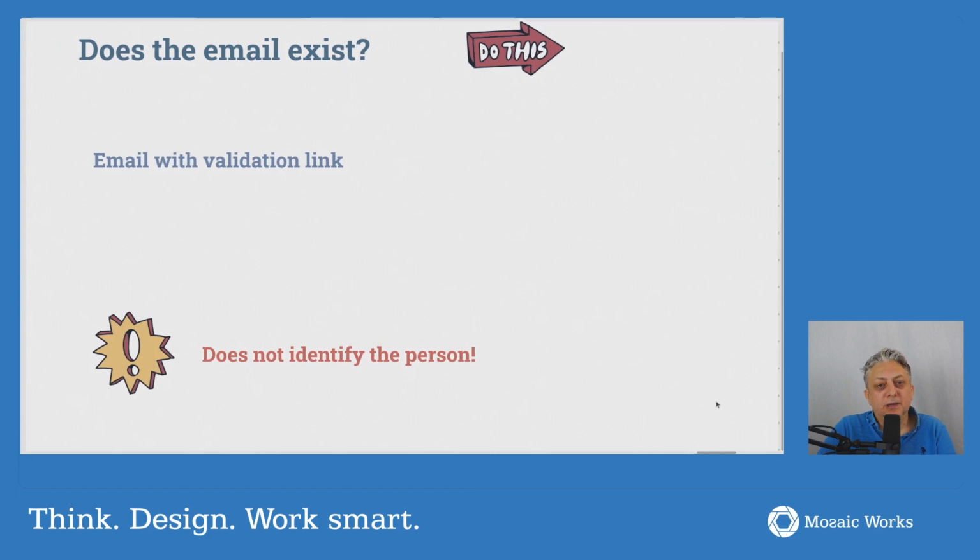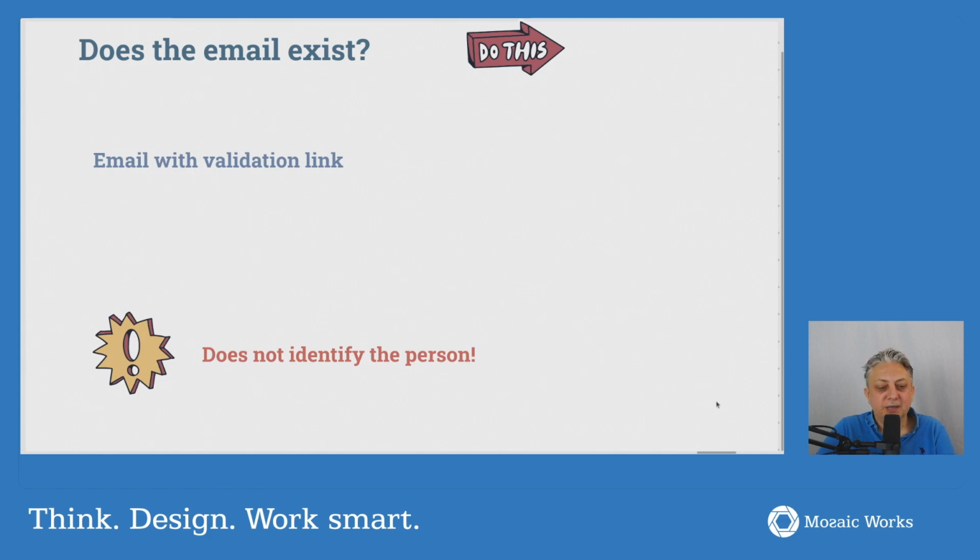Third, does the email exist? This is the simplest one. You send an email with a validation link. If that link is clicked, you know that the email exists. This does not identify the person, right? So it doesn't mean that John Doe has actually created an account on your website using the email address johndoe@gmail.com.